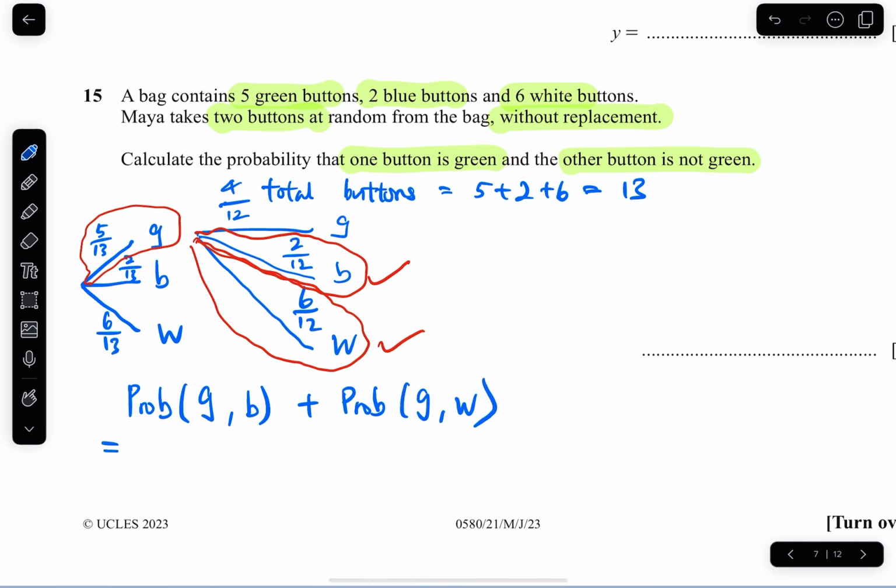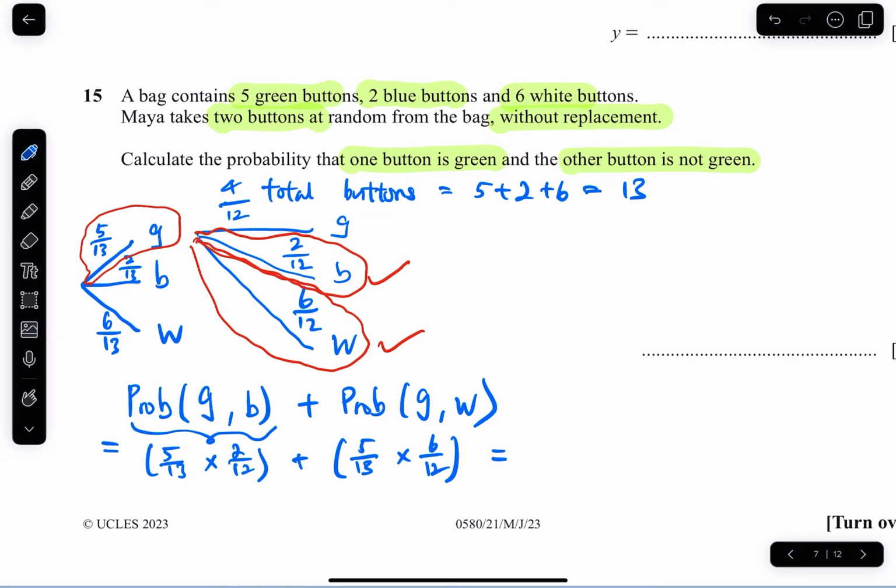For the first case, green and blue, it will be 5 over 13 multiplied by 2 over 12, plus 5 over 13 multiplied by 6 over 12.